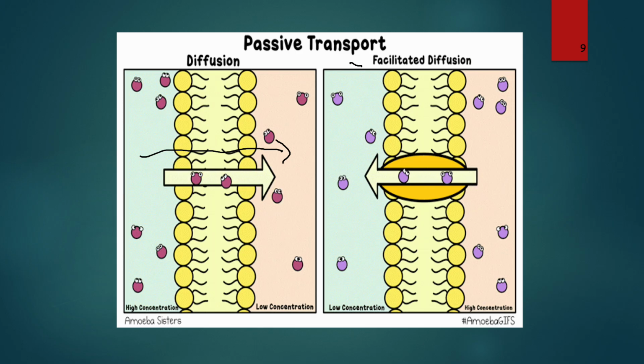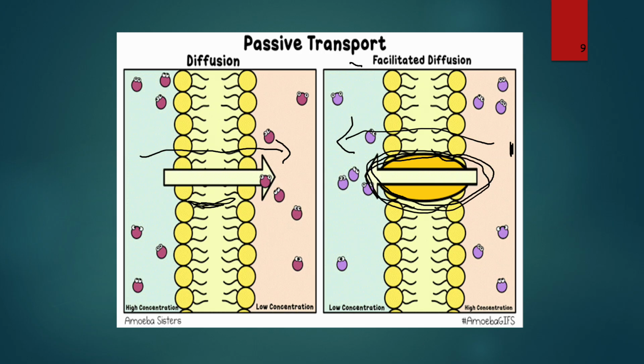Notice there's more purple particles at the beginning over here, and they're moving to a low concentration across the membrane, but they're moving through a protein channel. You'll notice this one over here does not have a protein channel. The facilitated diffusion has helped get particles across the cell membrane.